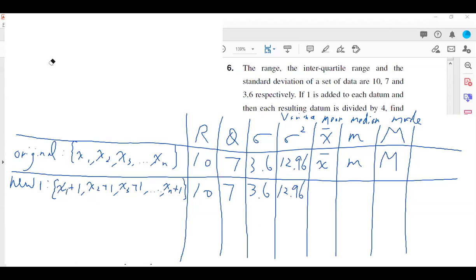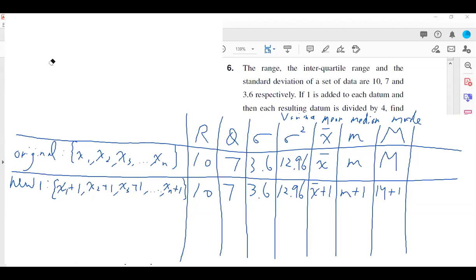Mean, median 同埋 mode 咧係點都會變嘅，得唔得？係點樣都會變嘅，點樣都會跟住佢對每一粒 data 做嘅改變而改變嘅。So this time, 1 is added to each datum, which means that the mean should be added by 1 also, x bar plus 1. The median is also added by 1, and the mode is also added by 1. Okay?